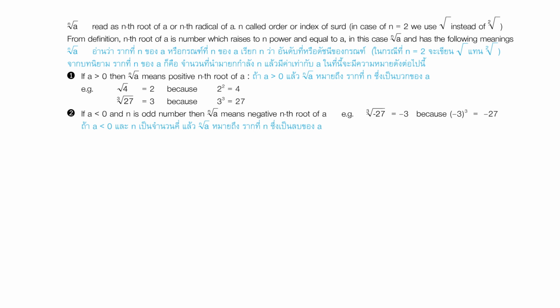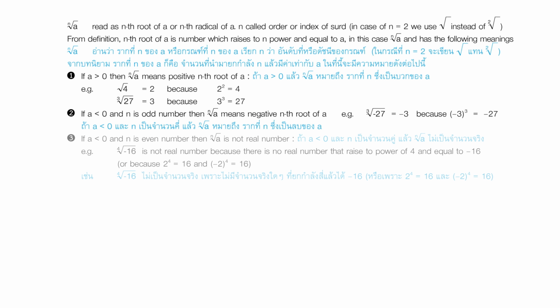If a is less than 0 and n is an odd number, then the n-th root of a means the negative n-th root of a. Example, the third root of negative 27 equals negative 3 because negative 3 to the third power equals negative 27.